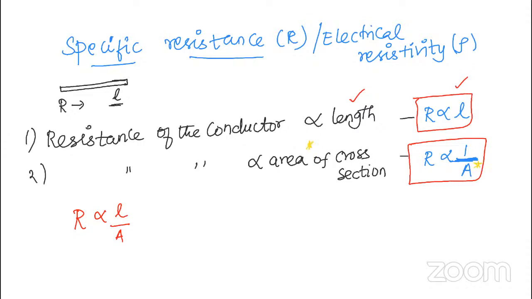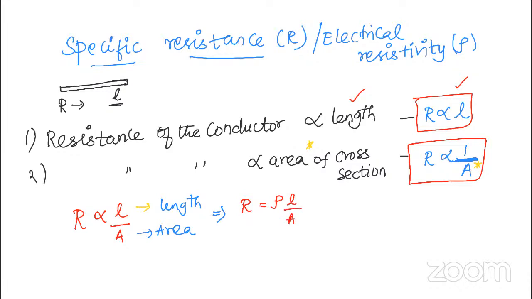To remove the proportionality, we add one constant, that is rho: R equals rho L divided by A.